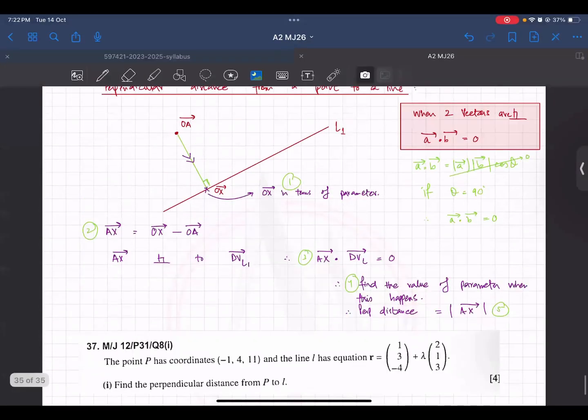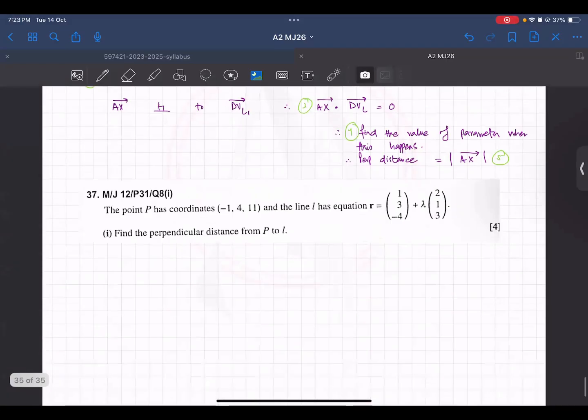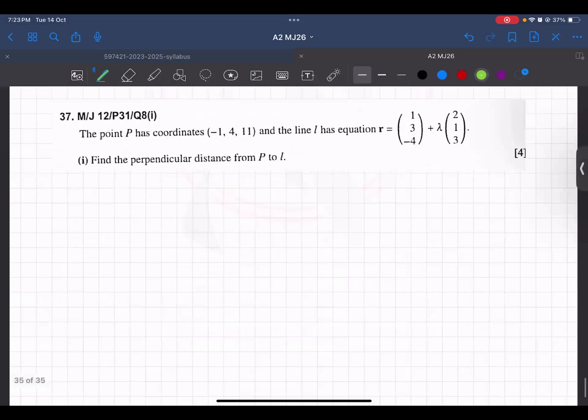Look, they have given you an external point, minus 1, 4, 11, and they have given you the equation of a line. They're asking you to get the perpendicular distance from P, the external point, to the line L. This is your straight line, and this is your external point P. OP is given to you. First you will find this point OX in terms of the parameter.